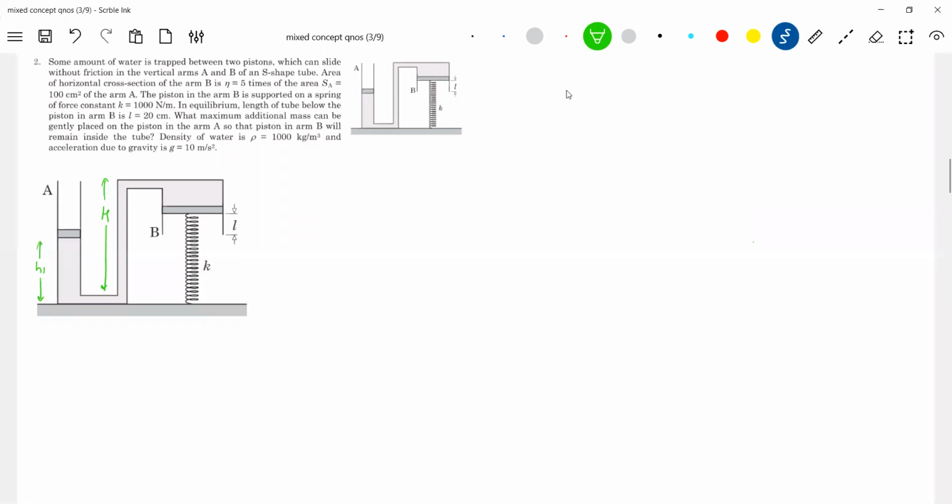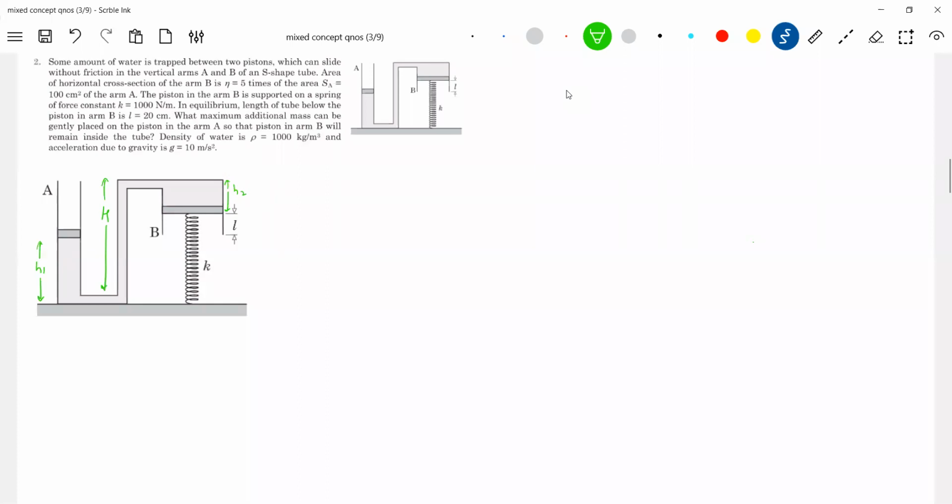So let me take this as say some H2. Now the spring will be compressed or elongated, as not given anything.